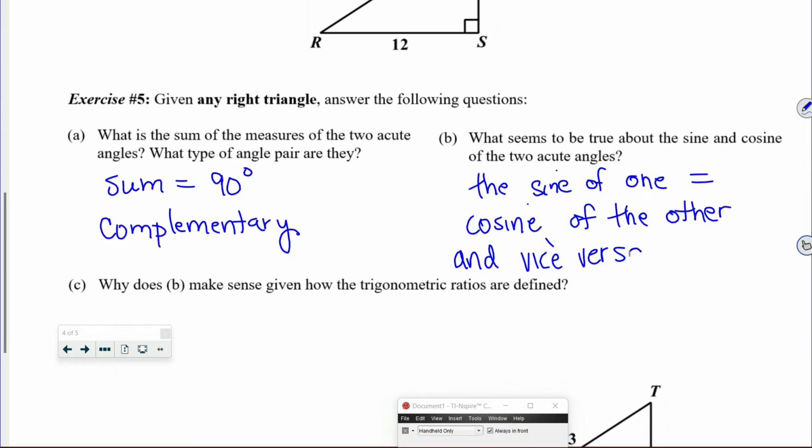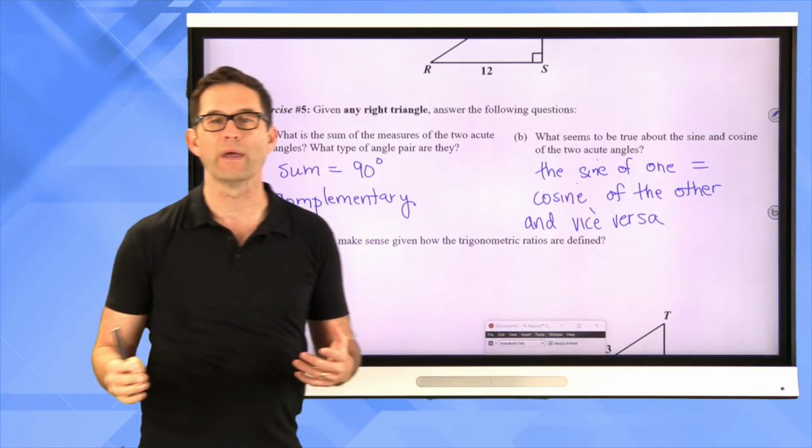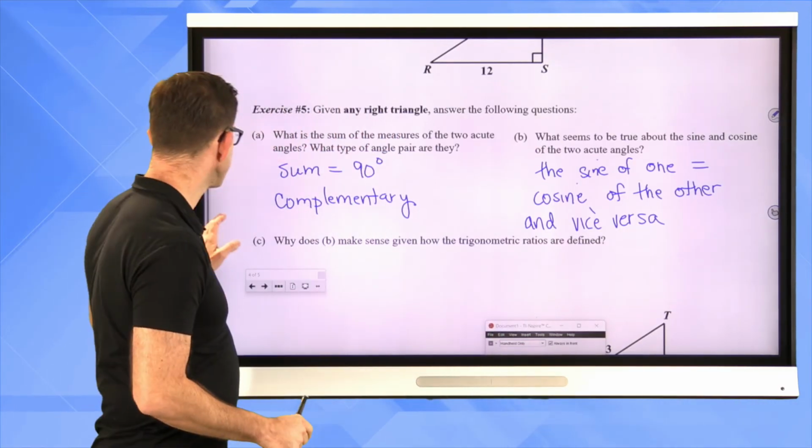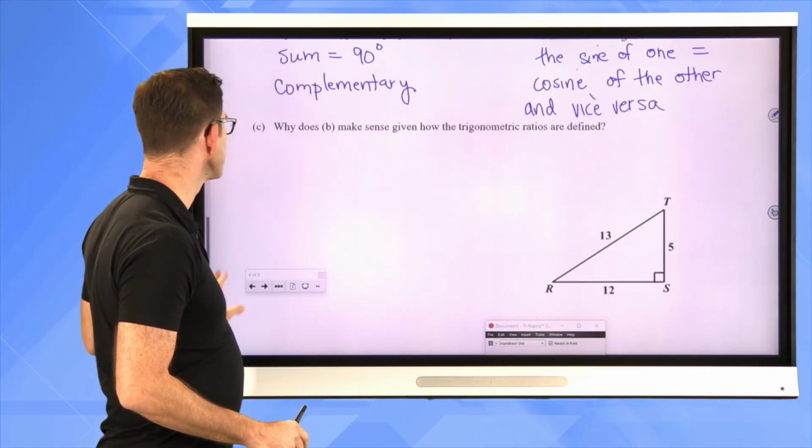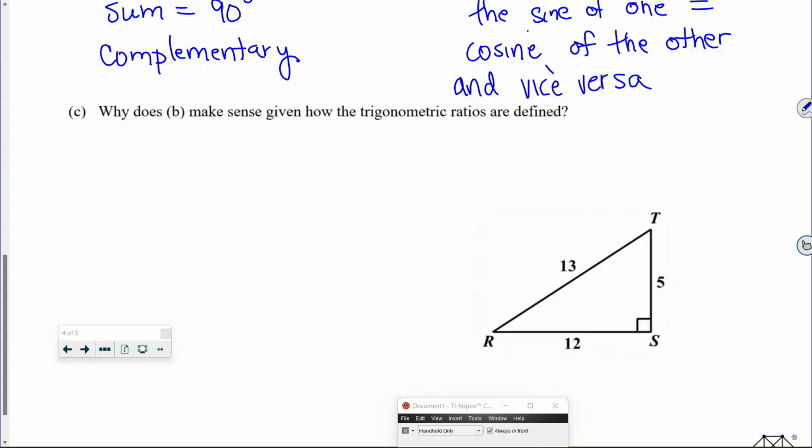It's literally like they switch. Now, that should be fairly obvious. Letter C. Why does B make sense given how the trigonometric ratios are defined?